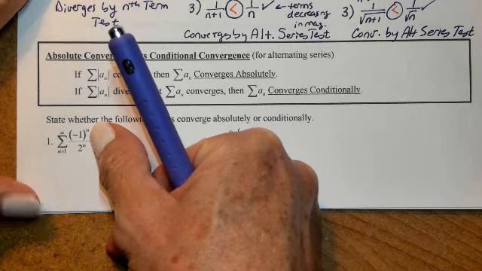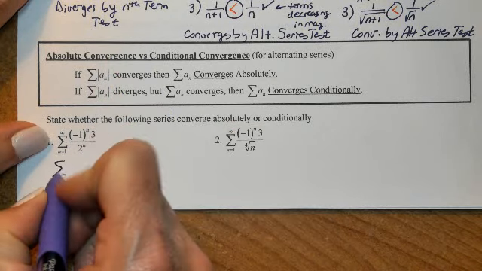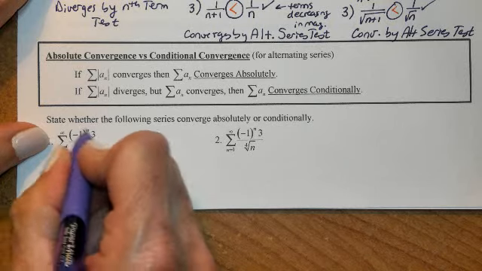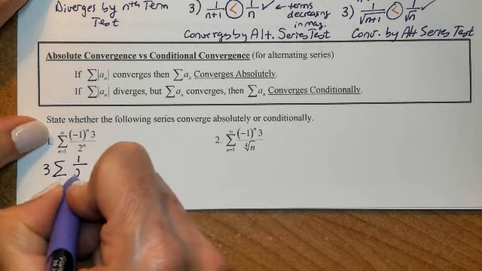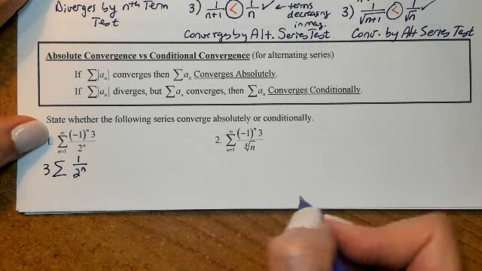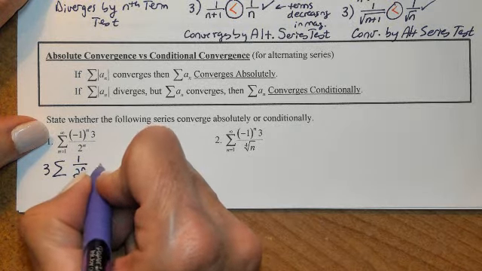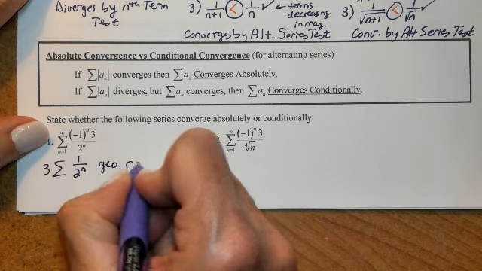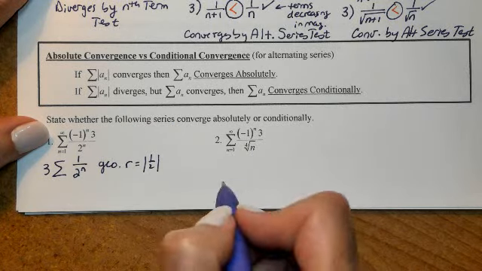Okay? So let's take a look at the non-alternating version. That would be 3 times 1 over 2 to the n. What does that do? Well, it's a geometric series where r is 1/2, because I could write this as 1/2 all to the n power.